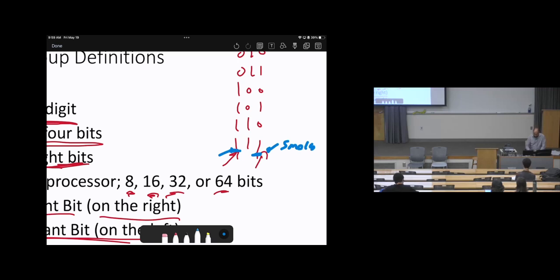Right? Then this one, since it's the smallest weight, we call it least significant bit. This is the largest, most significant bit. Okay? Because, of course, 100 is larger than 1, even in binary, right? So the weight of 100 is larger than that. It's in the hundreds decimal place. But ones, it's at the beginning.